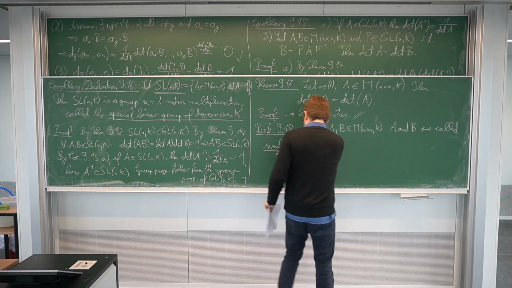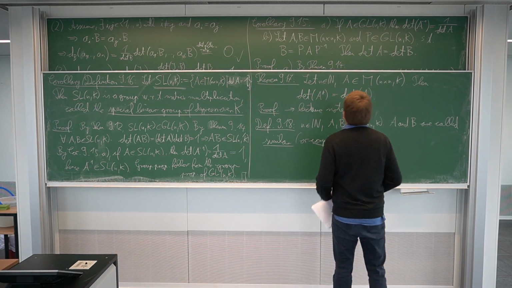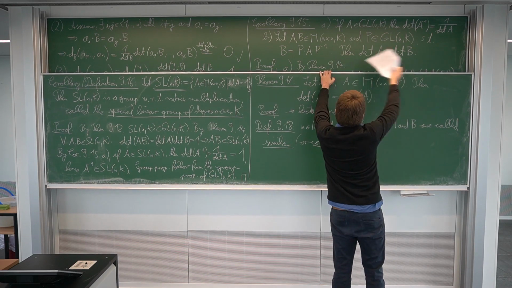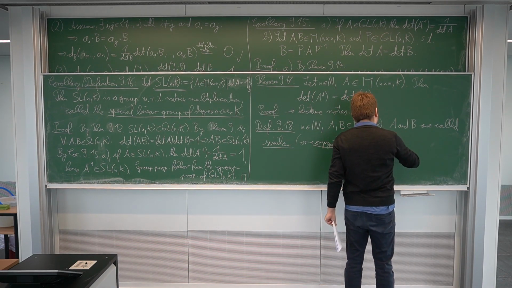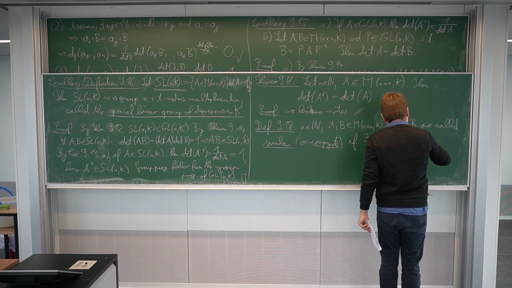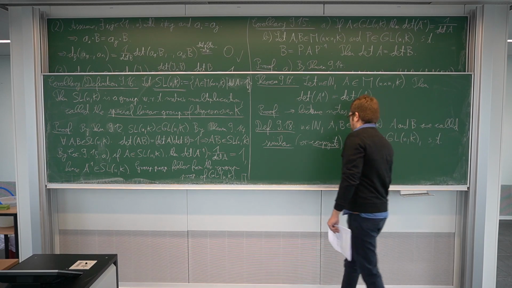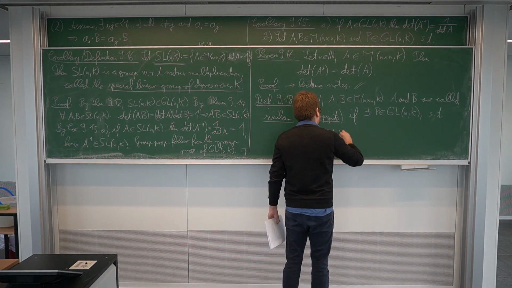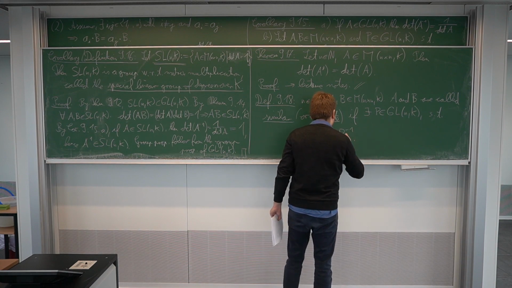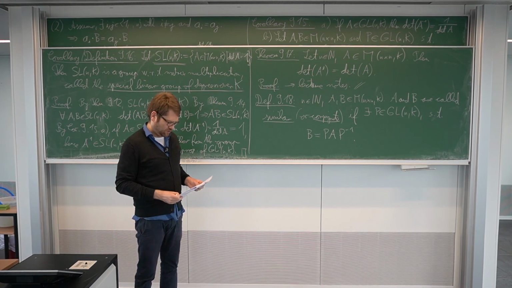They're called similar if, basically, we're in the situation of this corollary, namely, if there exists some P in GL(n, K) such that B is equal to P A P^(-1). So this strange situation, which is not at all apparent what this is good for.